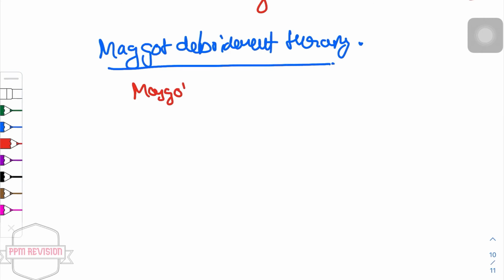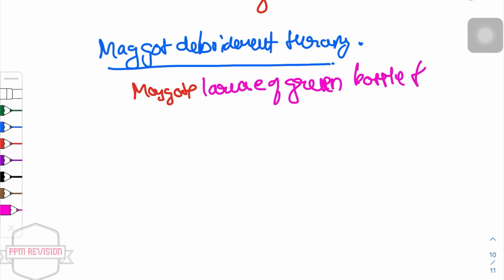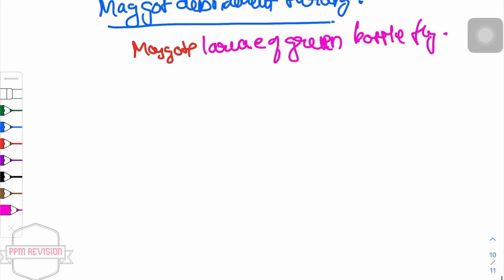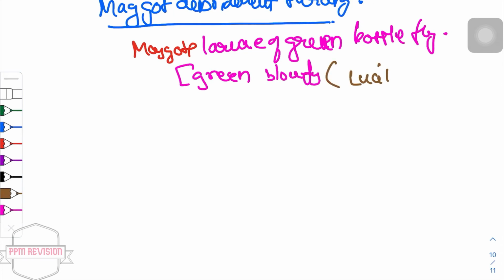The maggots used are larvae of the green bottlefly, also known as the green blowfly, and this organism should be known. It is nothing but Lucilia sericata.